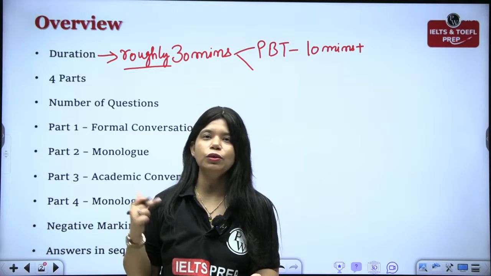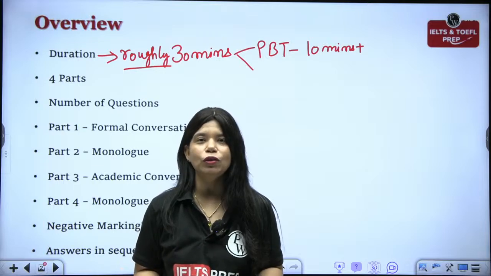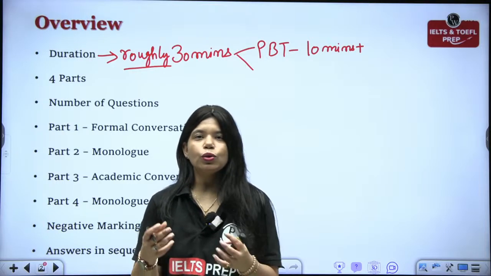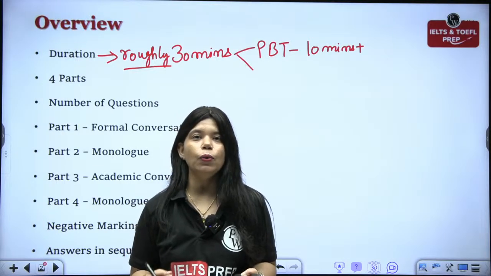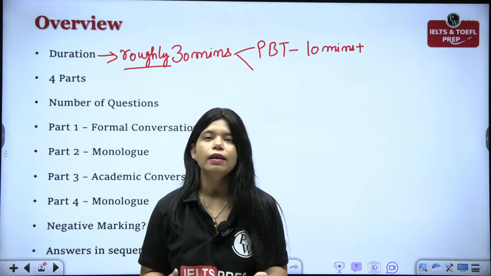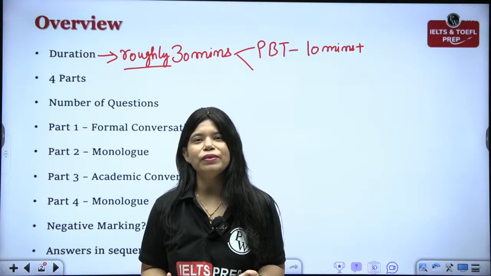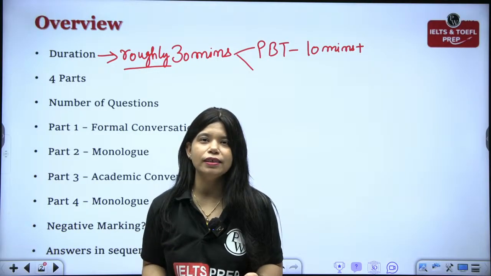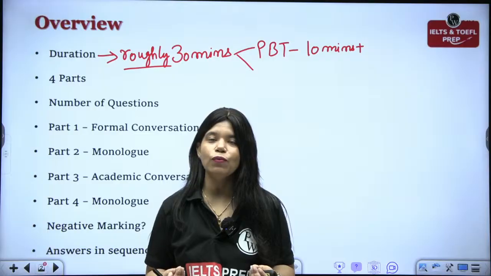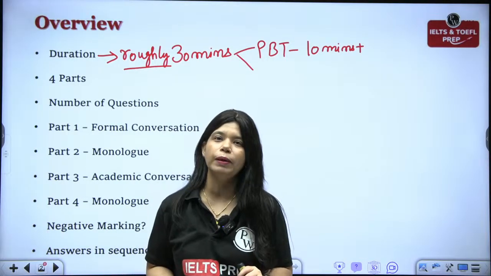We have to listen to the audio and at the same time we have to write, and simultaneously we have to read the questions as well. So when the audio is going on, you have to scribble and write quickly, and you do that on the question booklet. So later you are given 10 extra minutes so that you can transfer your answers to the answer sheet in neat handwriting with correct spellings. That's the whole purpose of these 10 extra minutes in paper-based test.